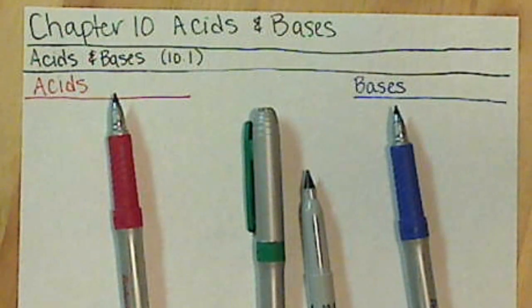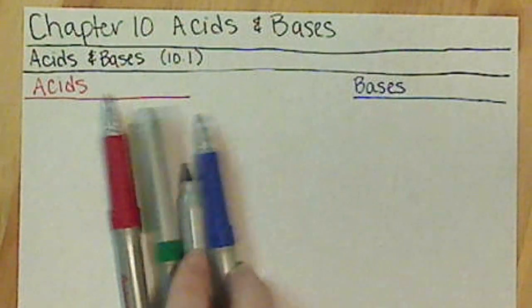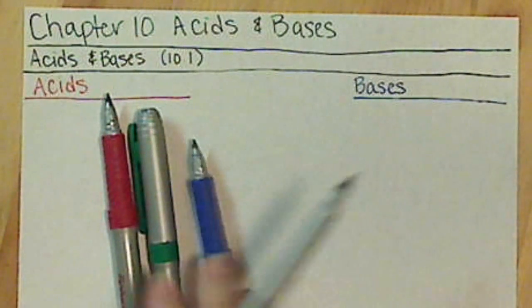Okay. So if you are writing notes along with me, which I hope you all are doing, because part of learning is writing things out, hopefully that color scheme will help you distinguish between the two different classes of acids and bases.